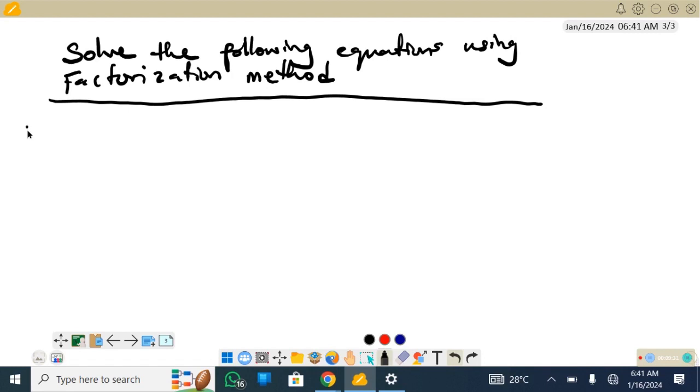So the first equation we are going to have is s squared plus 3s plus 2 equals 0. Okay, so we have our solution.